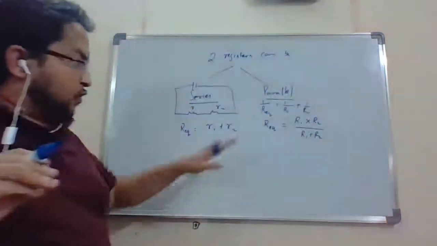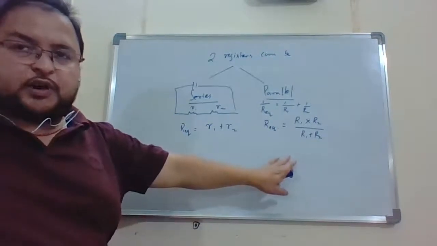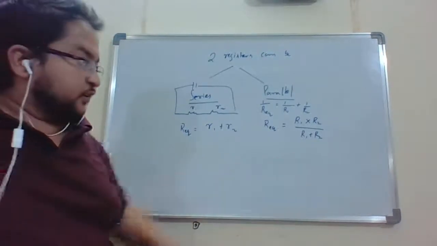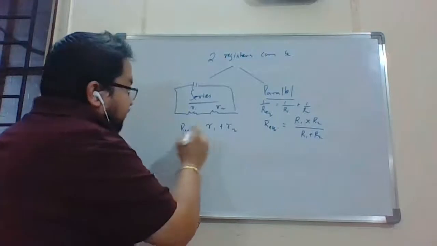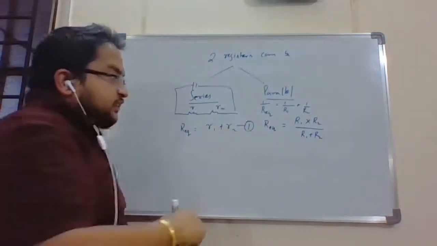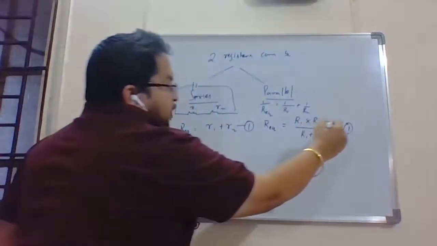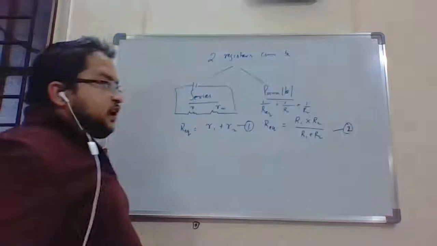We would see these deductions in the next class, but today we are going to concentrate on the problems related to this. So we will use these two formulas: if in series, add the resistances; if in parallel, R1 R2 by R1 plus R2.